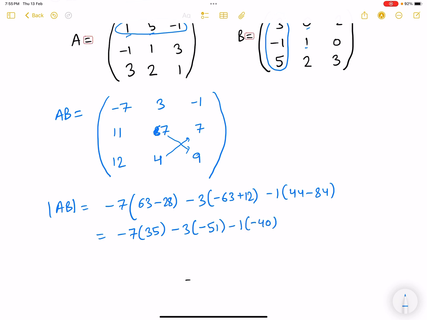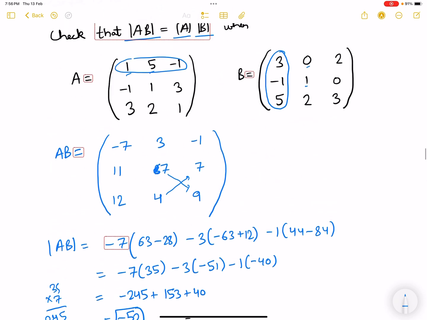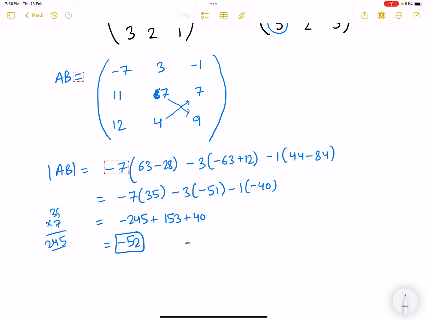So this becomes 35 into 7, 245, minus 245 plus 153 plus 40, so basically 193, so minus 52. So we have the determinant of AB equal to minus 52.